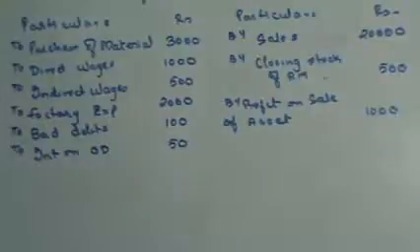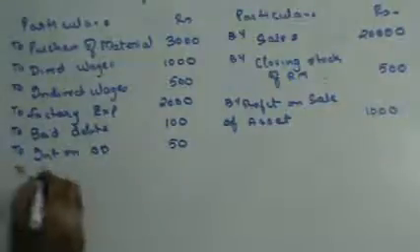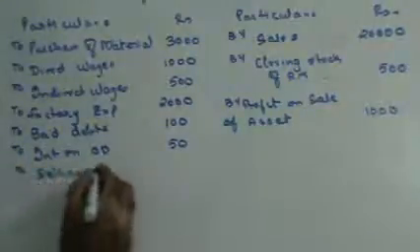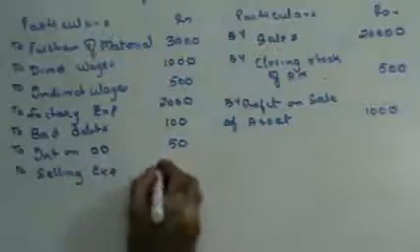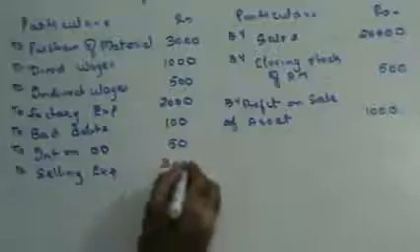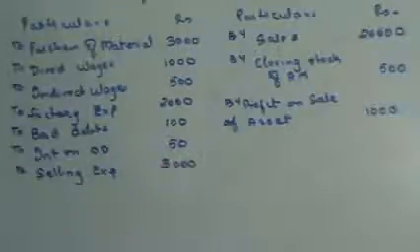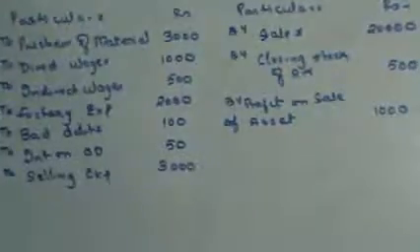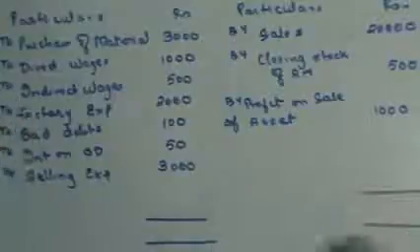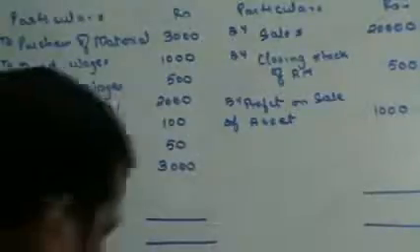Then you have selling expenses. Selling expenses is 2,000. Selling and distribution expenses combined is 3,000, because distribution expenses is 1,000. Right? So in that case, let's tally this. If I tally this, this is 21,500.